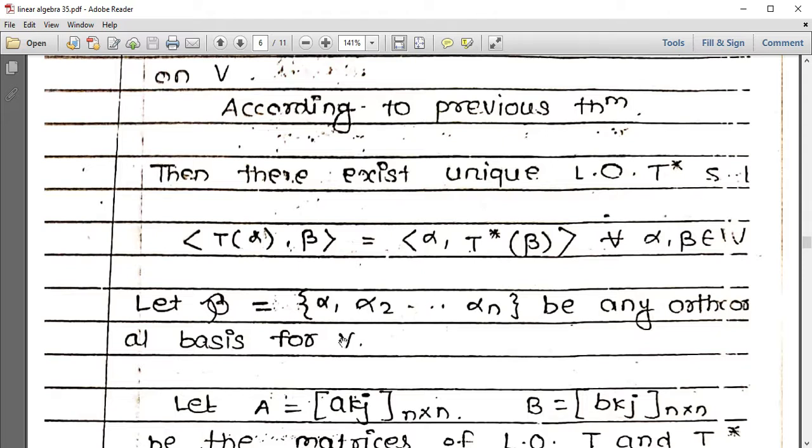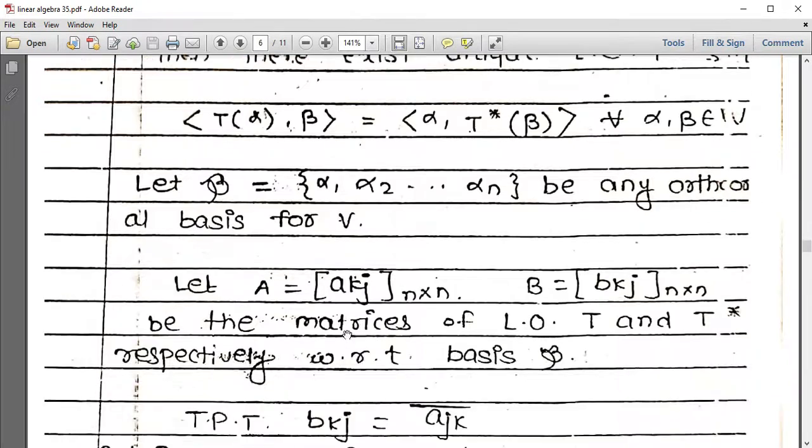Let beta equal alpha 1, alpha 2 up to alpha n be any orthonormal basis for V. Then A equals the matrix AKJ, n cross n, and B equals BKJ, n cross n, be the two matrices of linear operators T and T star.